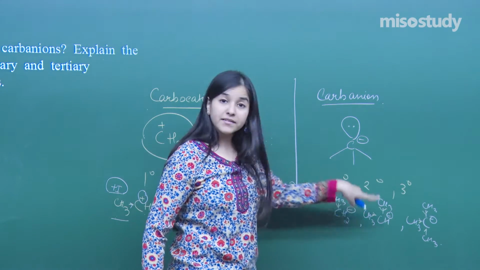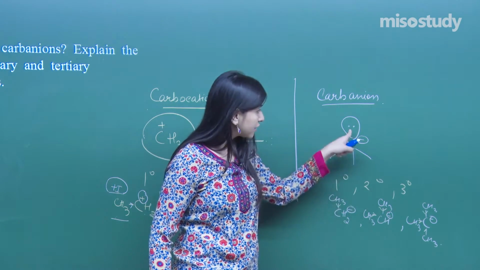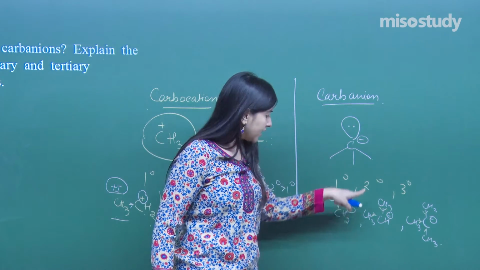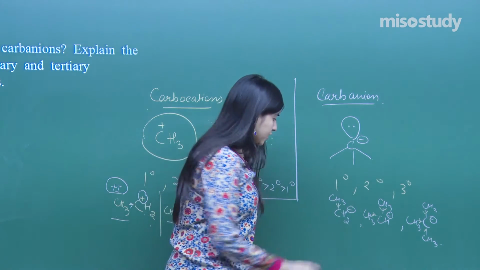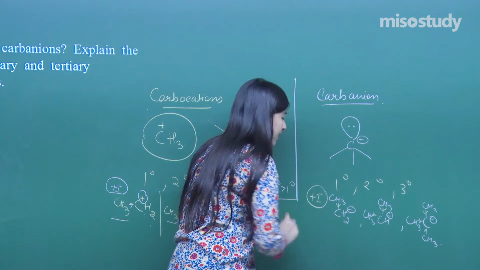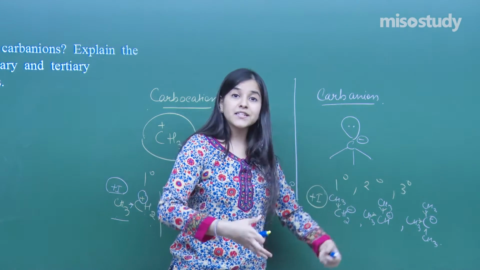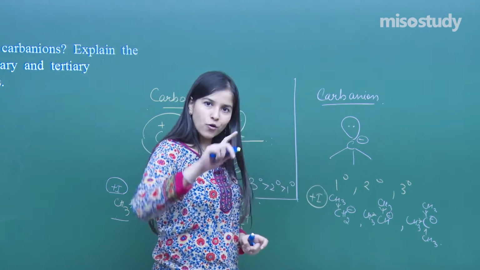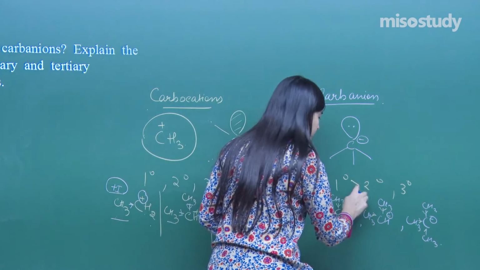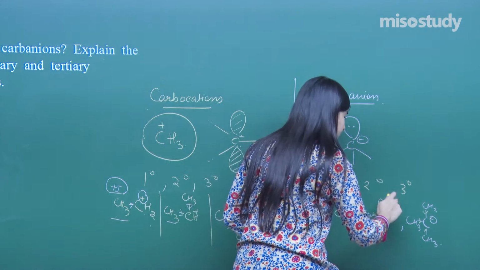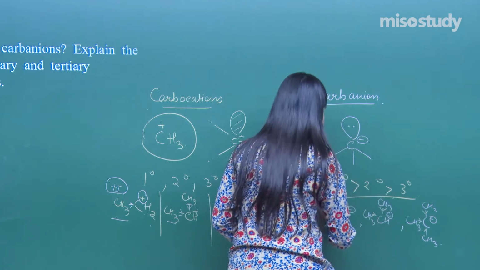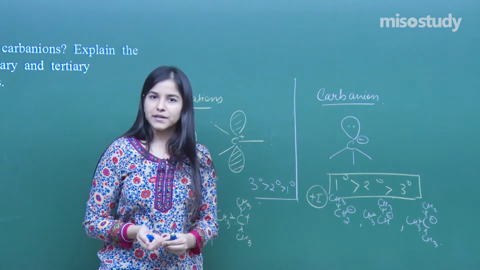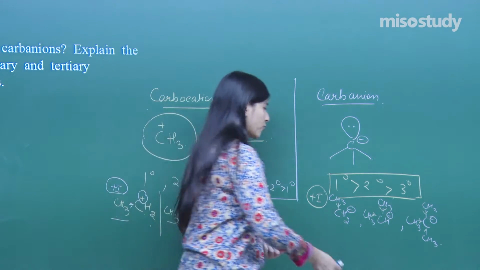They are destabilizing it because already it was having a lone pair, already it was having a negative charge over it, and the donation effect of this plus I group, this alkyl group, is destabilizing it, creating more repulsions, due to which the order just reverses. We get this is more stable, then this, and then this. So carbocations will be having the order opposite with the carbanions. Clear? Let's move on further then.